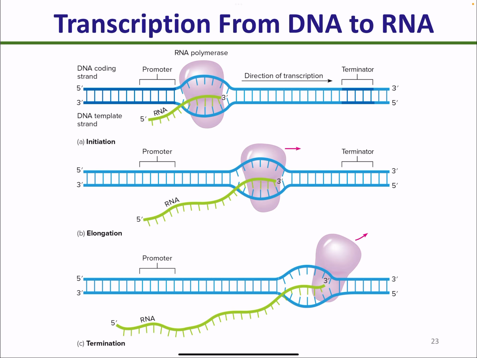Now, as the binding protein attaches to the TATA box and the transcriptional factor comes and pulls the RNA polymerase, now you have the production of an RNA. All right? That RNA is going to be a single-stranded molecule.